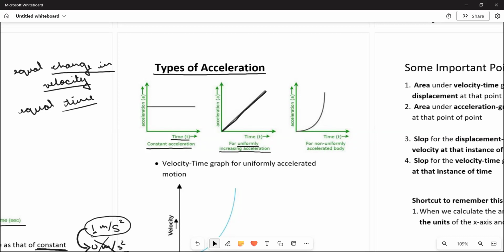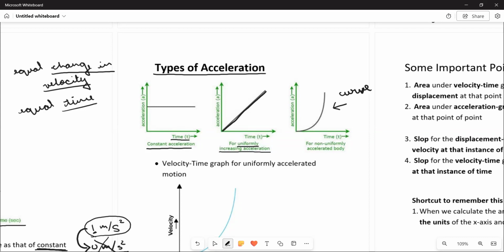Okay, for uniform acceleration, the acceleration time graph will always be a straight line. And for non-uniform accelerated motion, we'll get this type of curve. We'll get a curve.